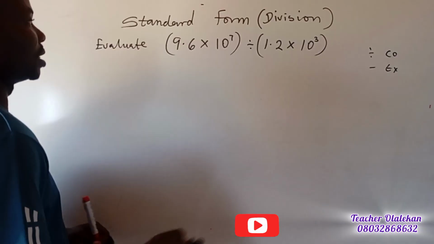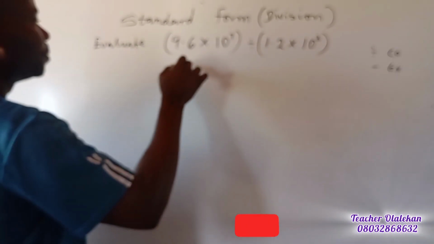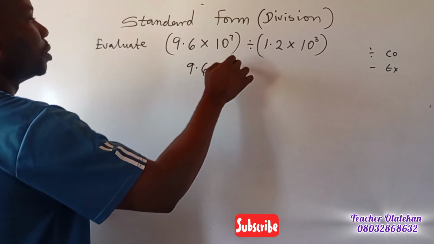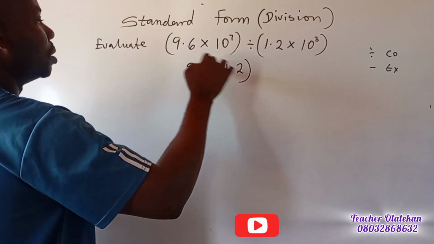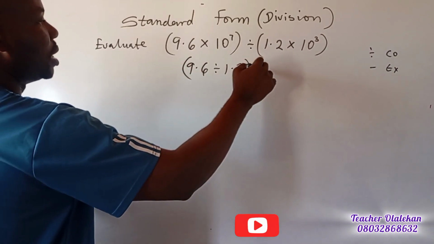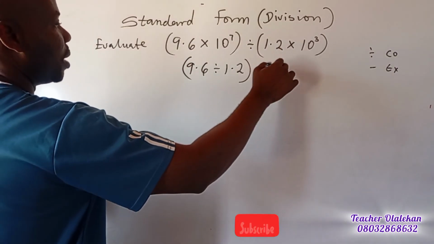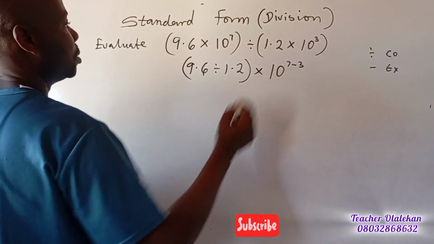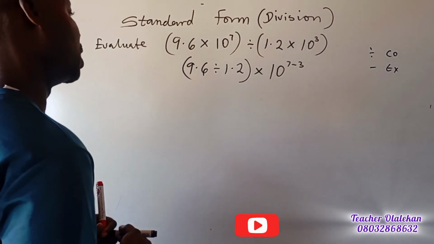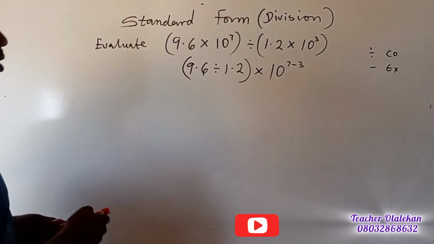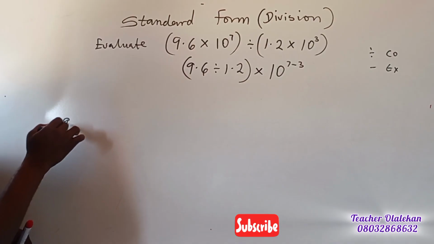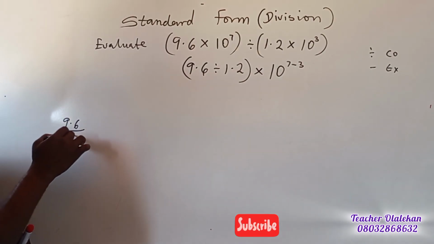So let's get started. We're going to do 9.6 divided by 1.2, in brackets, then multiply by our exponent, which is 10 raised to the power 7 minus 3. To do this, you can use the knowledge of division of decimal numbers. So that becomes 9.6 divided by 1.2.